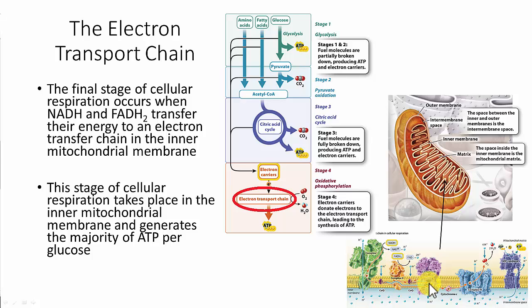I'll list those out here. But the electron transport chain takes place here in the inner membrane via a series of 5 major complexes that are going to take this potential energy and transform it into ATP. And that's what we're looking at lastly here in part 2.